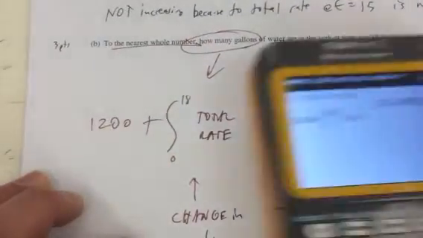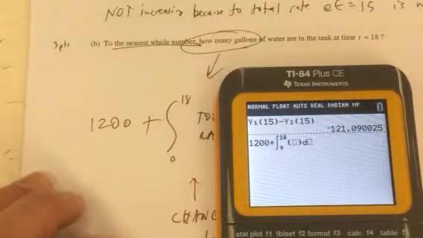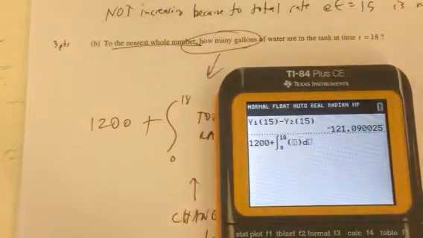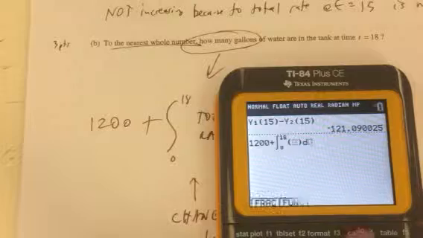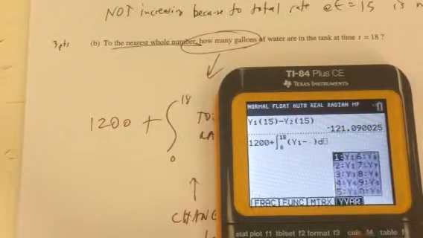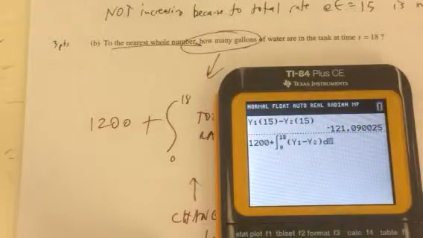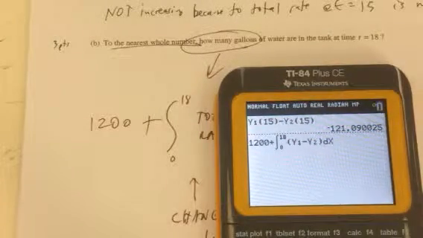If the initial condition occurred at any other time, that number would be your lower bound. So, throw it in your calculator. Our total rate was our in function, the water coming in, y1, minus our out function, y2. Of course, this is all with respect to x. Enter. Calculate. Slow calculator.